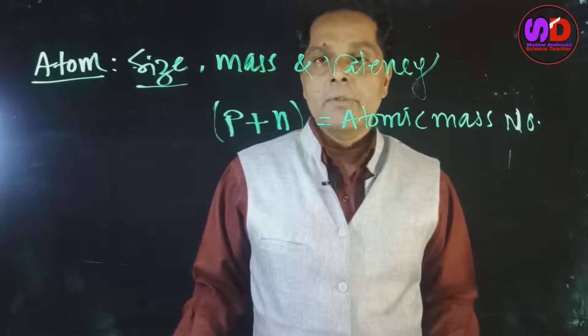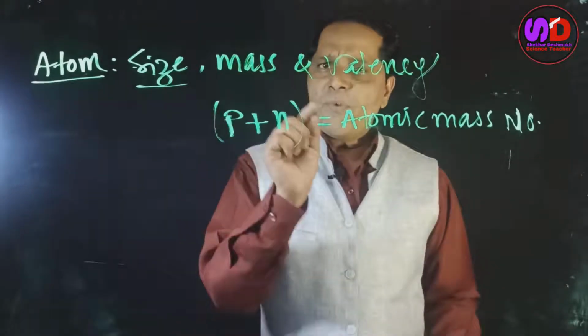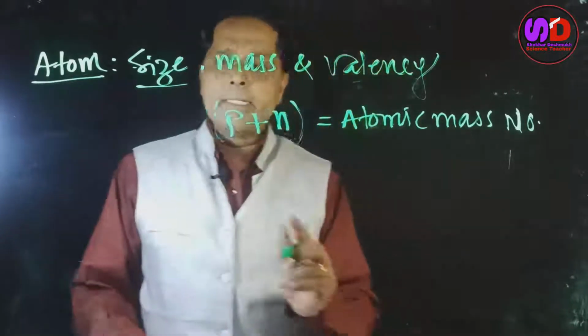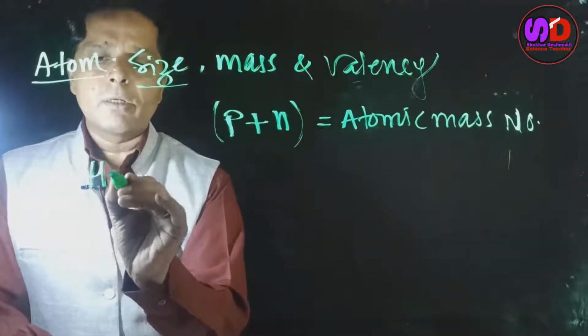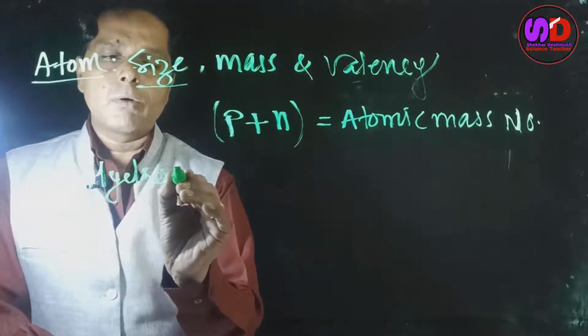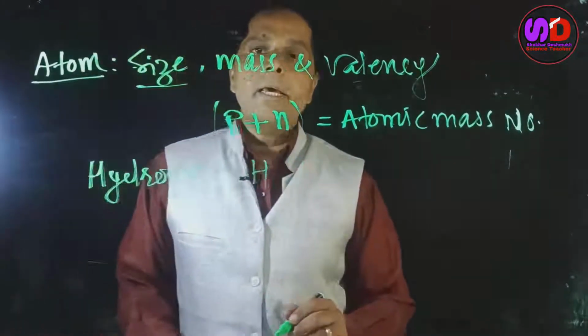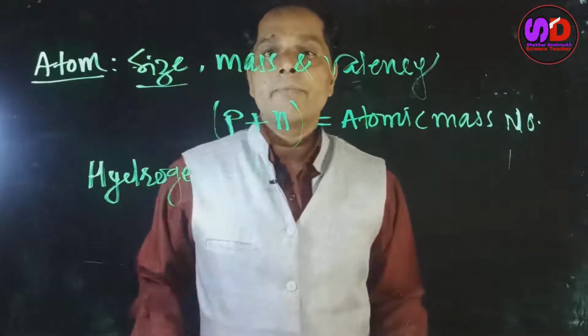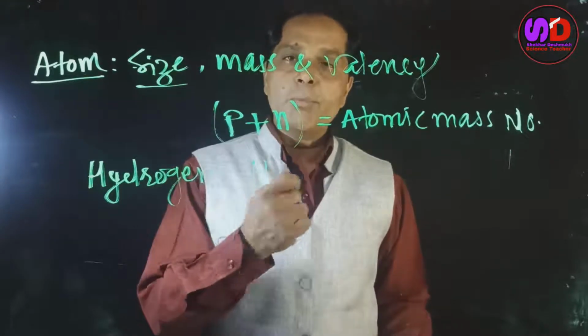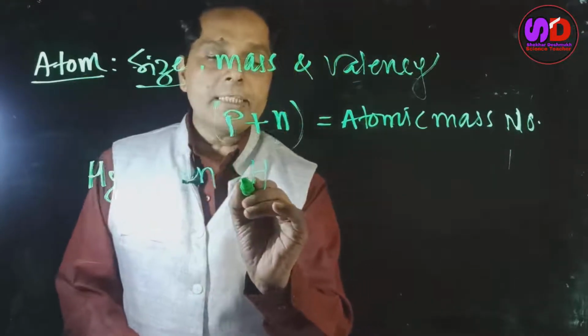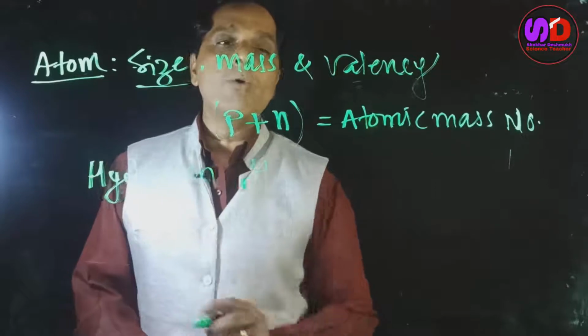And the first atom, the smallest atom, is nothing but hydrogen, H. It is taken as the reference atom, because we know it is the smallest atom. Its atomic mass is 1 only.